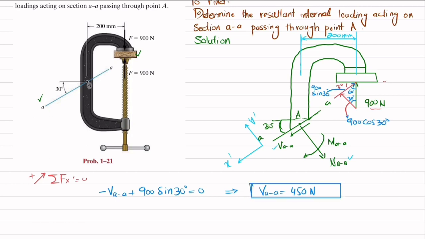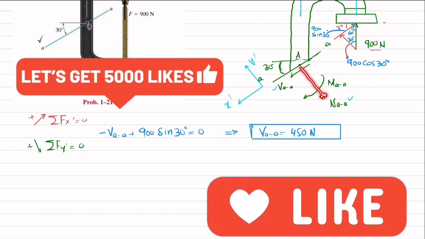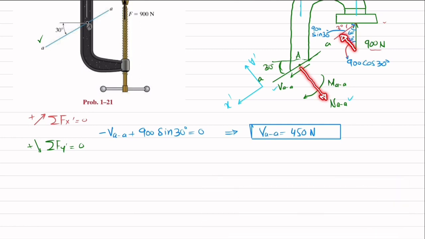Now we will find this NAA, and we will use the equation of equilibrium that sum of all forces along y dash direction must be equal to 0, and force in this direction is taken as positive. So you can see this force NAA is in positive direction. Clear? And this component is in negative direction as per our assumed direction.